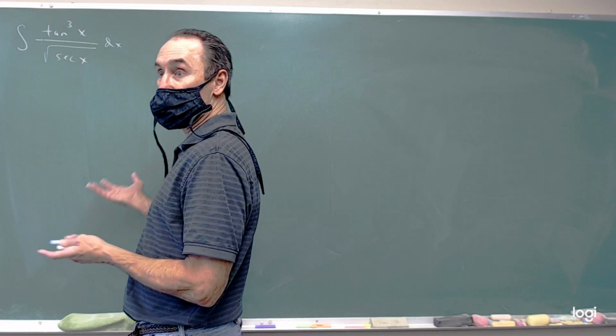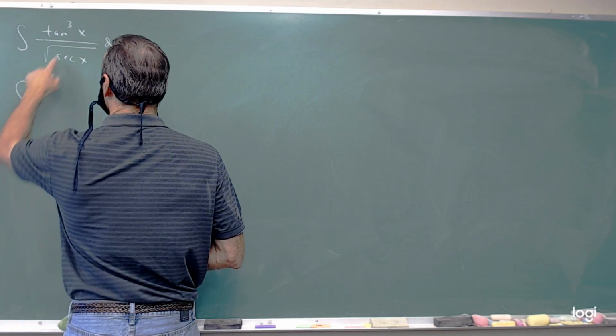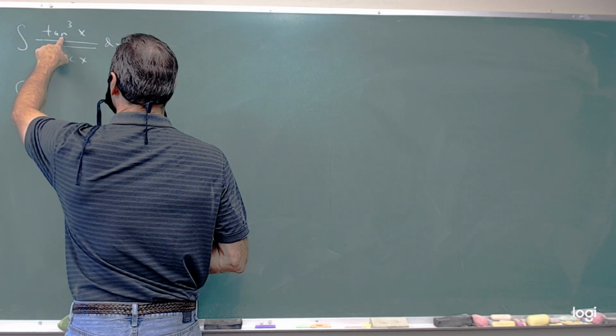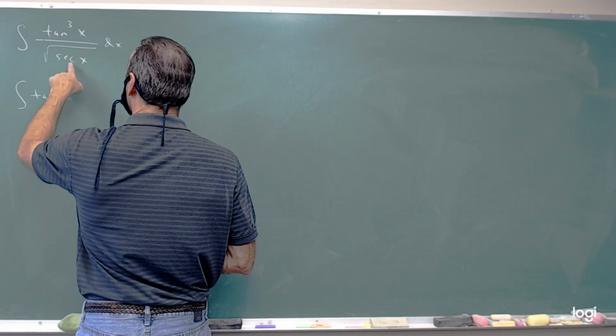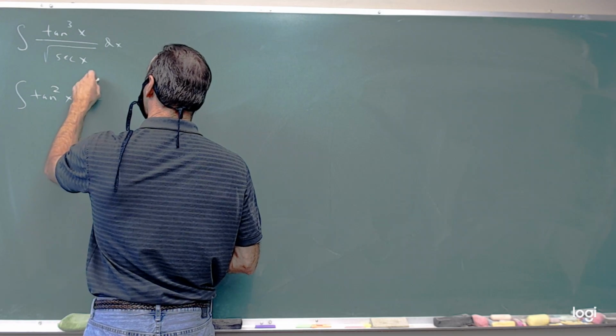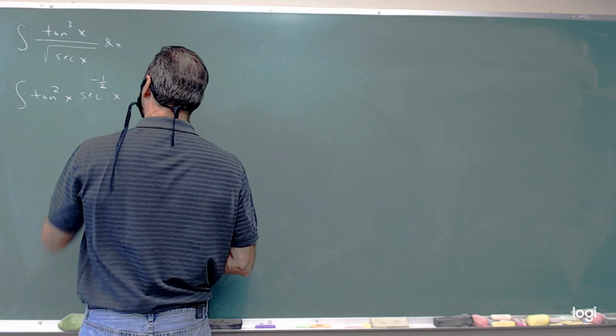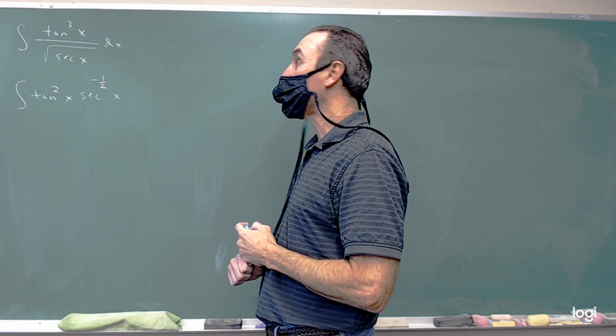We're going to have to manufacture one here a little bit. We're going to pick off one of these tangents. We're going to leave the tangent squared x behind for a minute. This 1 over the square root of secant x, for a moment, I'm going to write that as secant to the negative 1/2 of x.